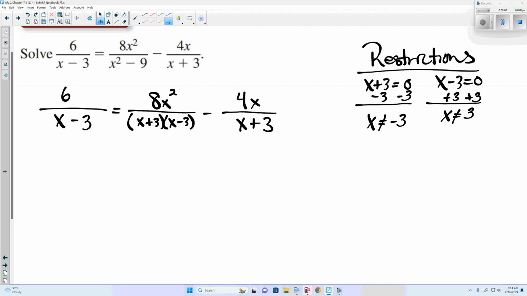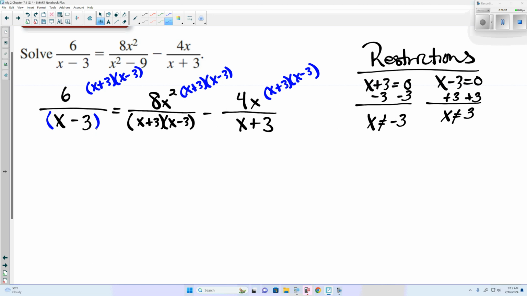Okay. Now at this point, to solve, we're going to multiply by the least common denominator to reduce every fraction, to get rid of them. So that's one thing we multiply by: x plus 3 and x minus 3. And if you're not sure you have them correctly, or if you need more than one, do it one at a time.